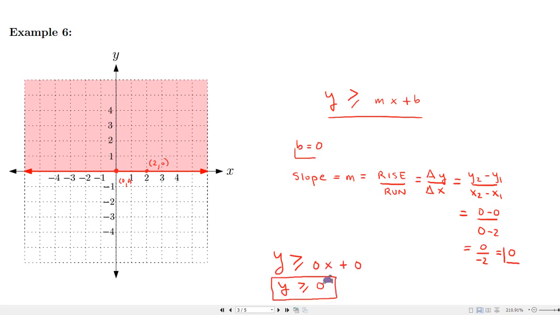If you think about it, that makes sense, because pick any point in this shaded region, say this one here, with coordinates 2, 3. Do you see that the y coordinate is always greater than or equal to 0? It's non-negative. If you pick anything down here in the non-shaded region, the y coordinate is going to be negative. So this does make sense.